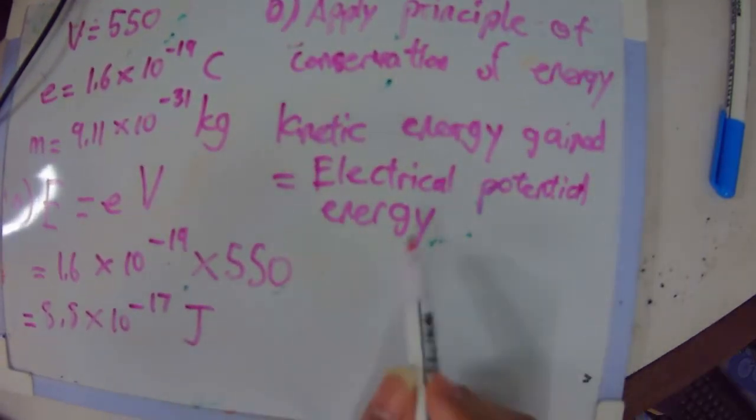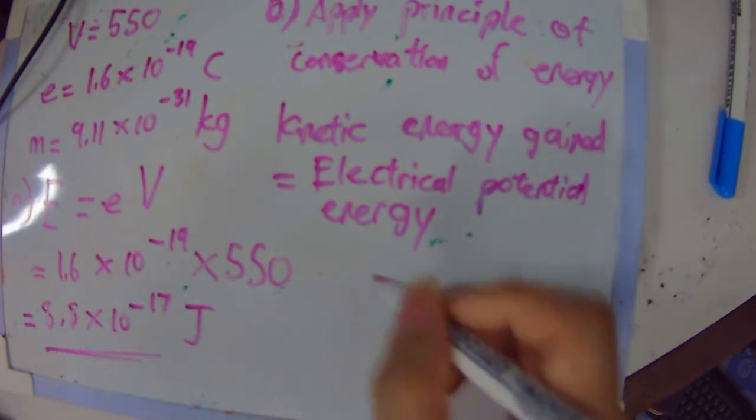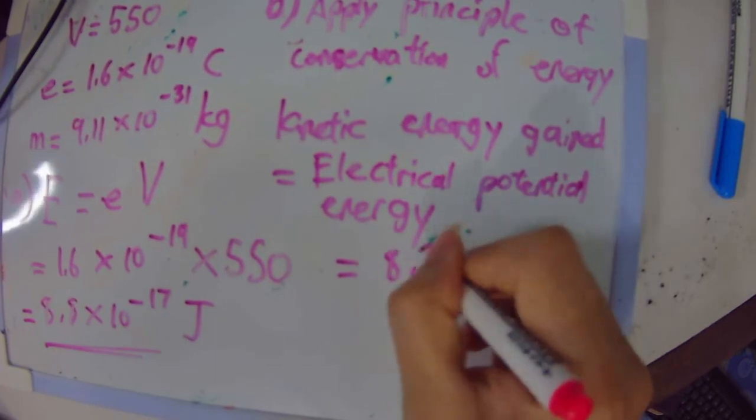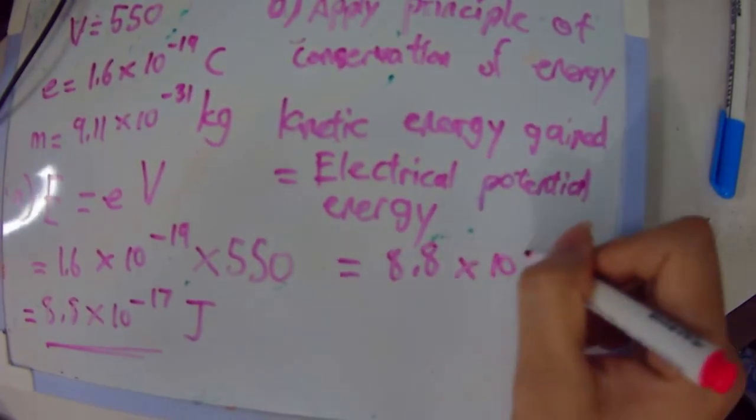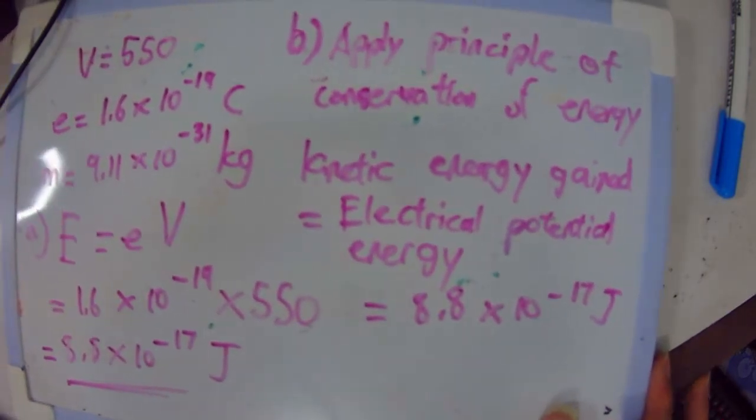We already calculated in the last question how much that electrical potential energy is: 8.8 times 10 to the power of negative 17. So it's going to be the same.